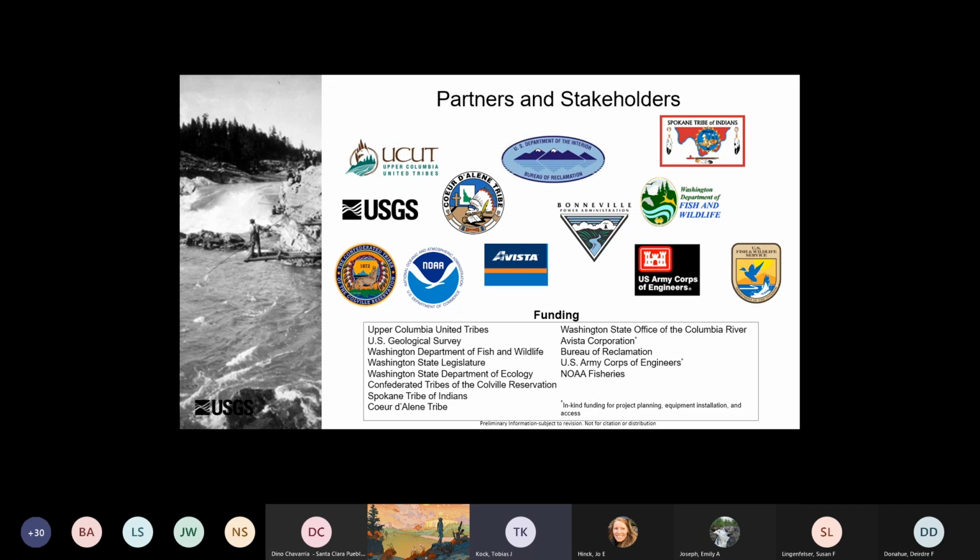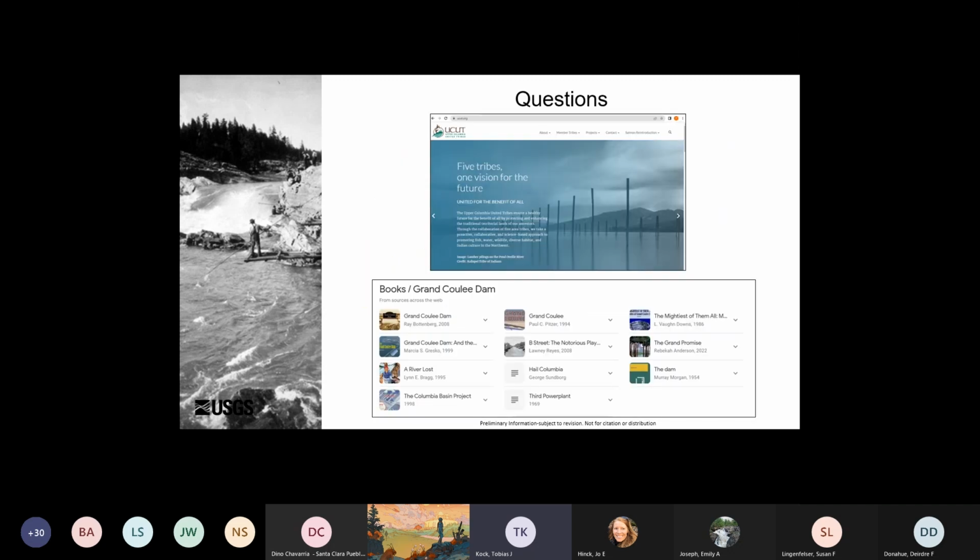Those are certainly important partners to UCUT, as are others such as NOAA Fisheries and BPA, Bonneville Power Administration, WDFW, and Fish and Wildlife Service. So there's a large team who's working on this. There's funding coming in from a large number of sources. And really, this is an effort that we're seeing getting a lot of momentum and a lot of inertia moving in the right direction.